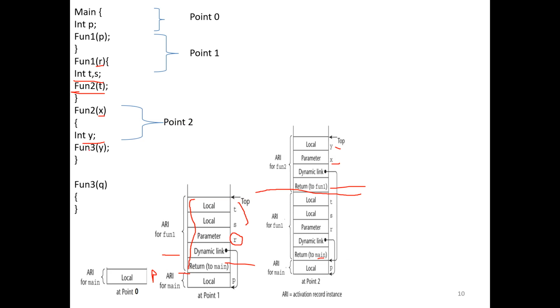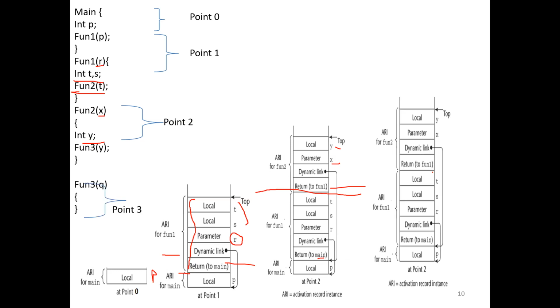Function 2 now invokes function 3. Another activation record is created here. Again the same information: return to function, then the link, and the parameter.